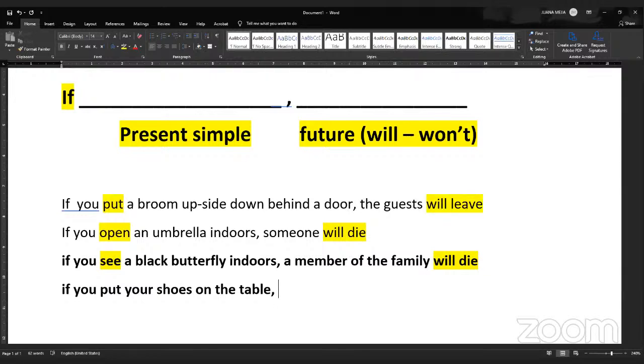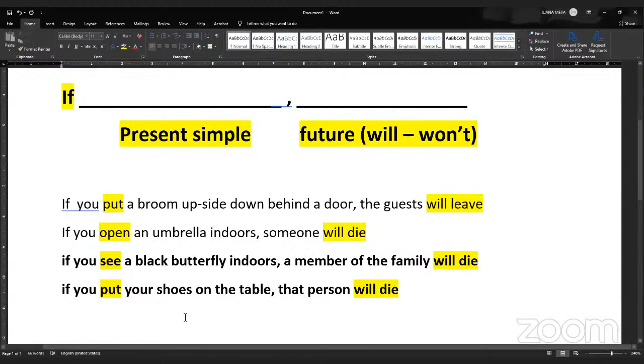They will die. Exactly. Or you say, okay, so guys, this is the point of this activity.